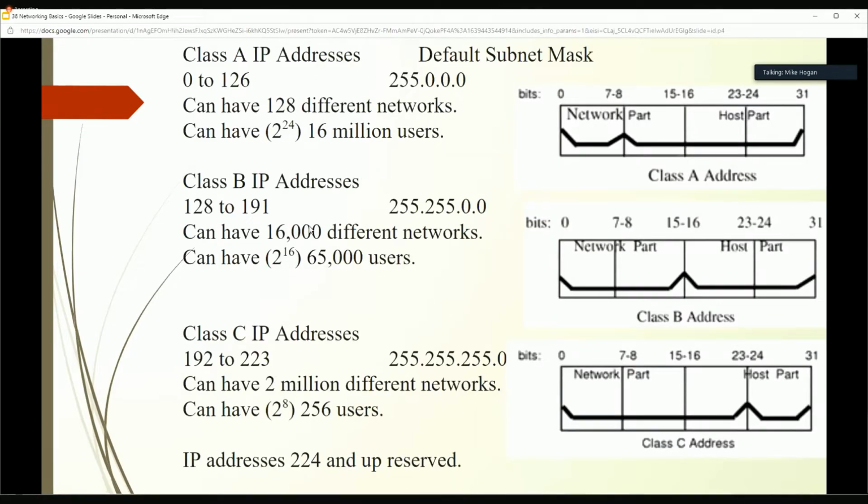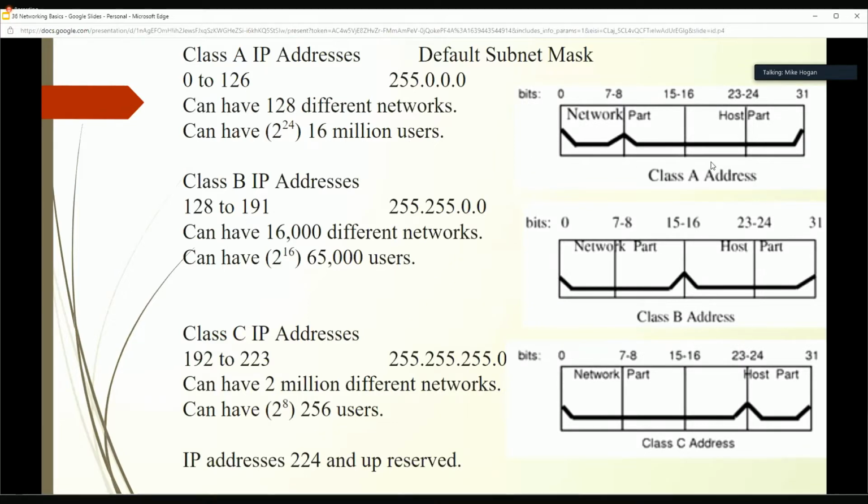And so here's a closer look at that. Here's what we have here. We're talking about class A, B, and C IP addresses. Class A addresses 0 to 126 can have 128 different networks, and can have 2 to the 24, about 16 million, users.